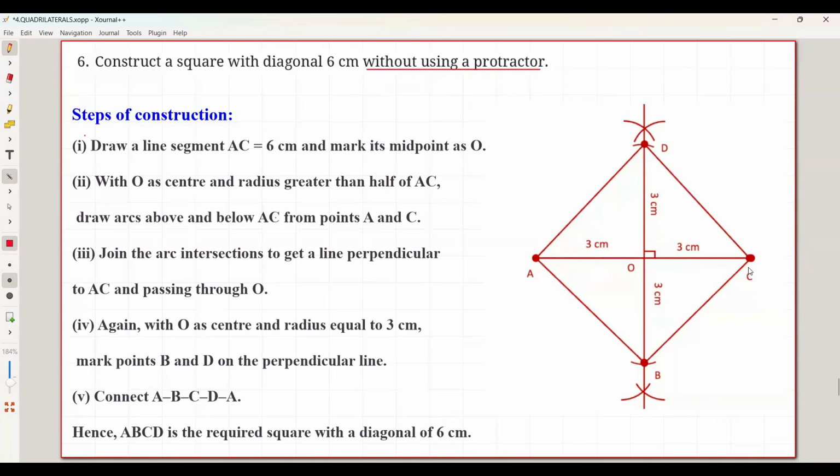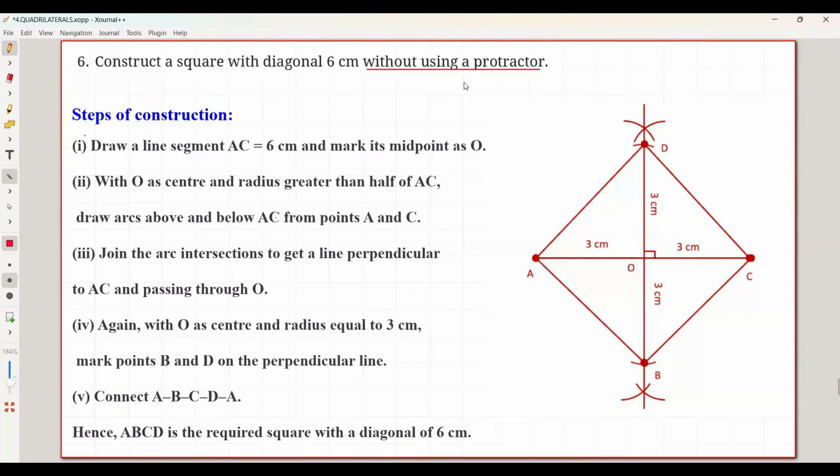So first draw AC of 6 centimeters and take the center. From the center we have to draw the 90 degree perpendicular bisector. Then take 3 centimeters and draw an arc, 3 centimeters and draw an arc. Then we join and we will get ABCD, a square.